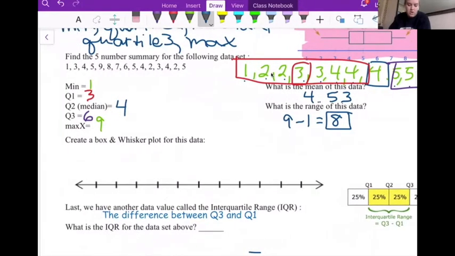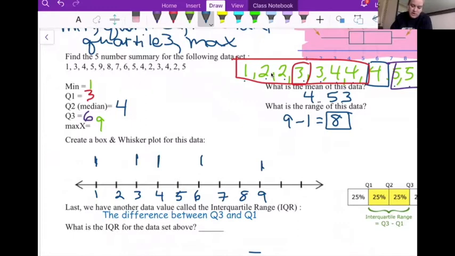So then on our number line, I'm going to go ahead and number these 1, 2, 3, 4, 5, 6, 7, 8, 9. And so at our minimum, maximum, we put our points, and then 3 and 6 and 4.